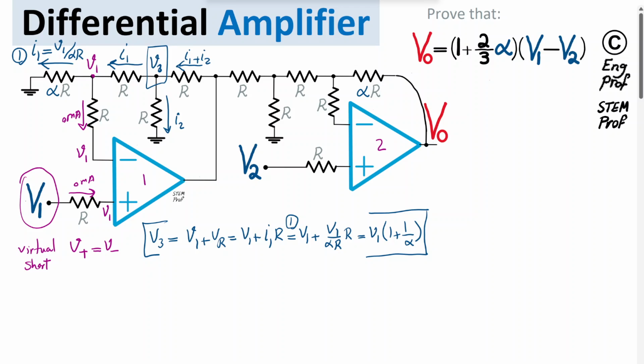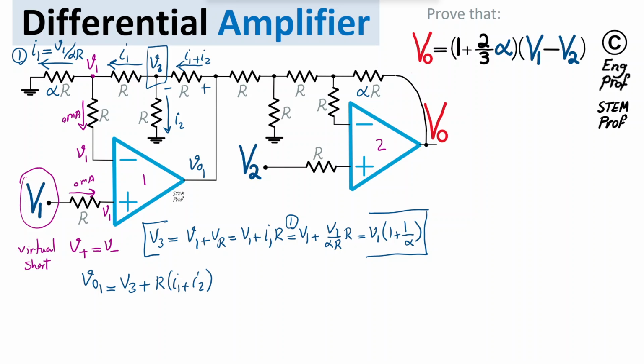Therefore, I'm going to write the voltage at the output of op-amp 1, or Vout1, which is exactly this node. So Vout1 is equal to V3, so this voltage, plus the voltage drop across this resistor, which is simply I1 plus I2 times resistor R. So I am going to say V3 plus R times (I1 plus I2).